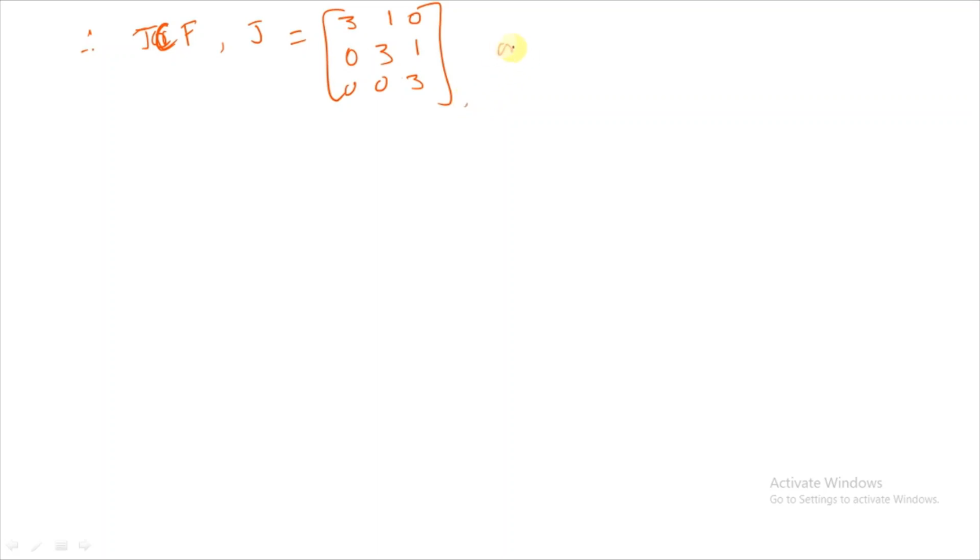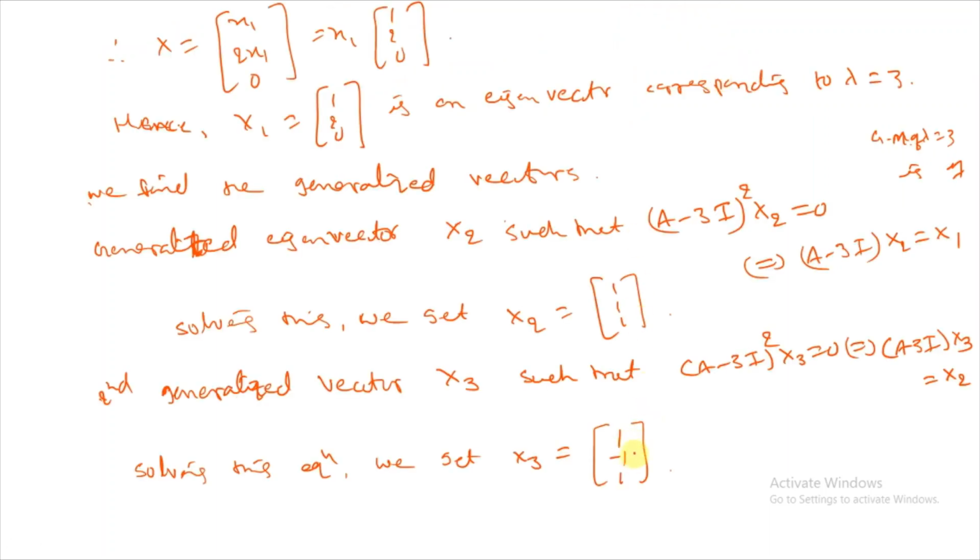Now S equal to the first eigenvector, 1, 2, 0, next the generalized eigenvectors, 1, 1, 1 and 1, minus 1, 1.